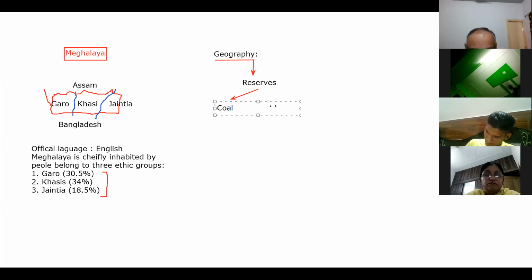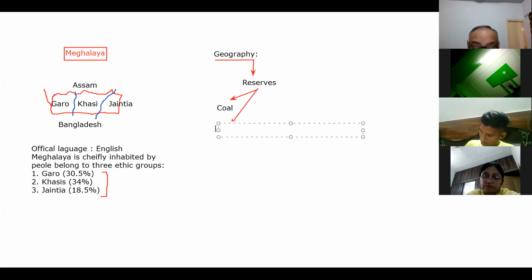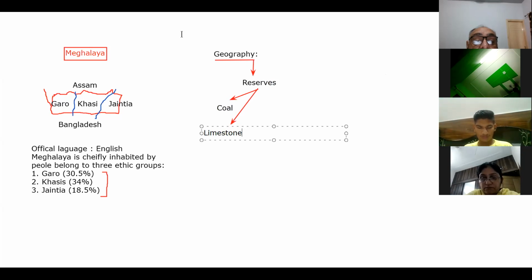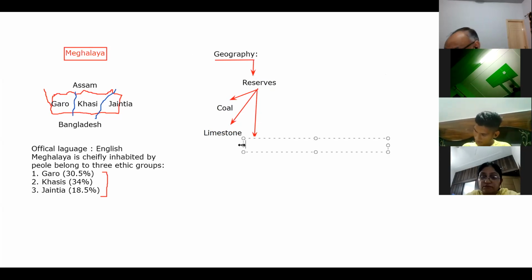The second thing, after coal, is that Meghalaya is rich in limestone. And after limestone, uranium is also found there.